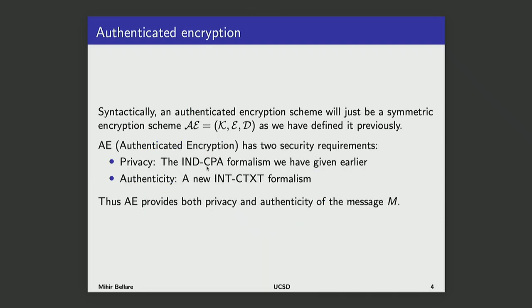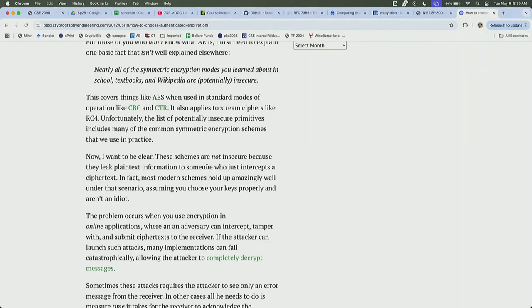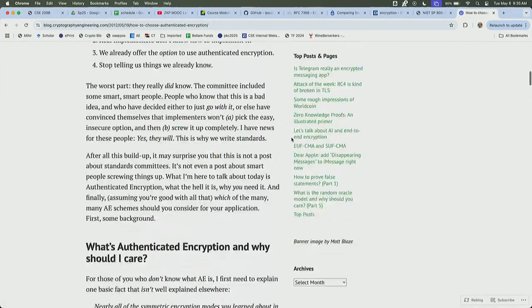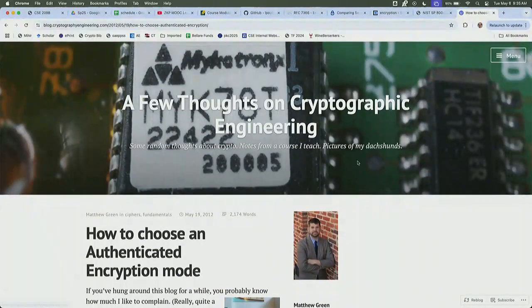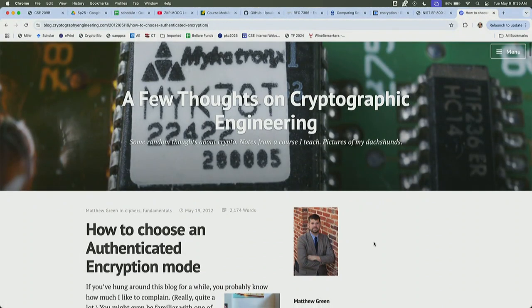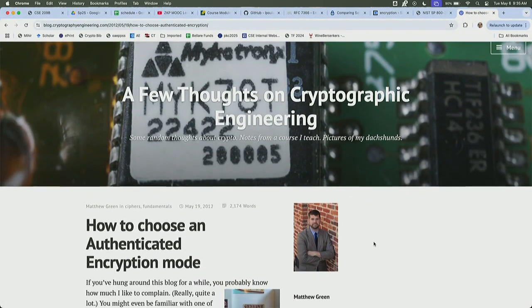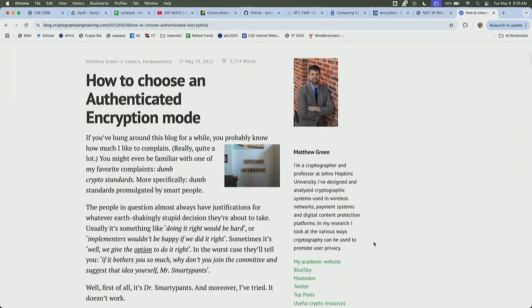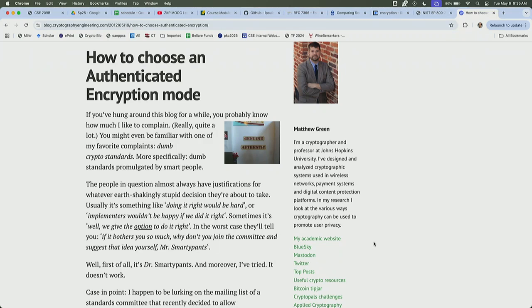So before we get into the technical part, it may be worth giving a sense that this is very much out there, and people talk about it a lot and build a lot of things. So here, for example, is a blog by a well-known security researcher, and it's called How to Choose an Authenticated Encryption Mode. And it doesn't mince words.